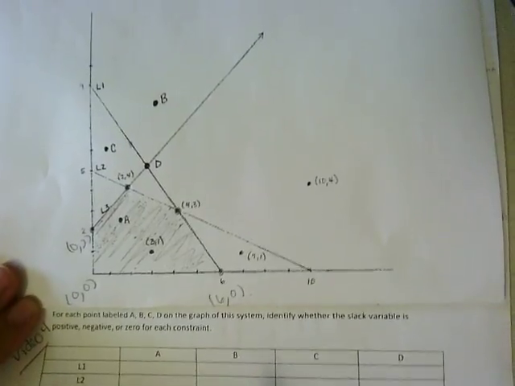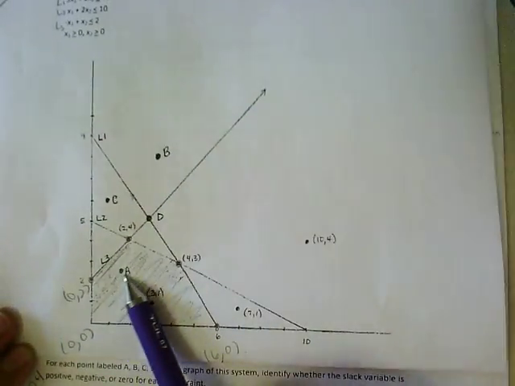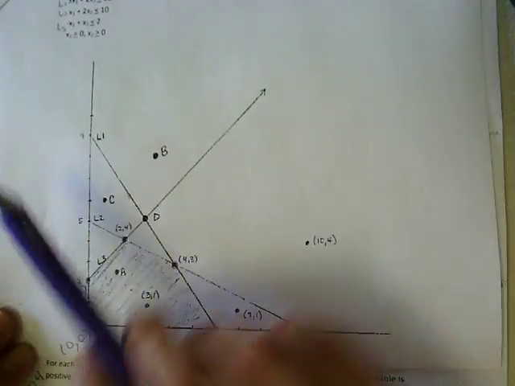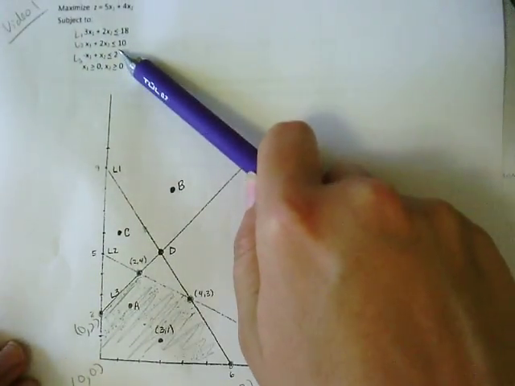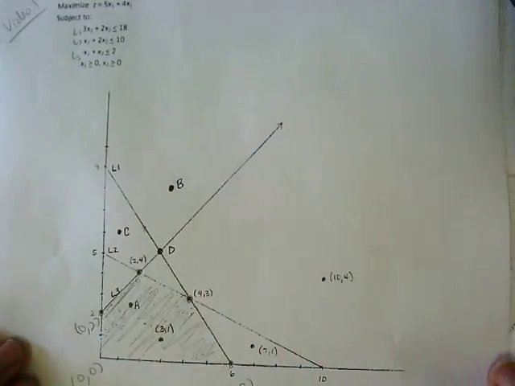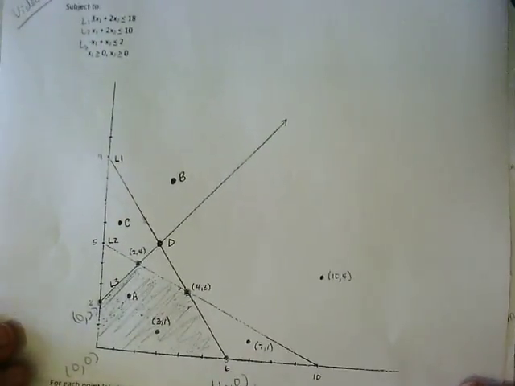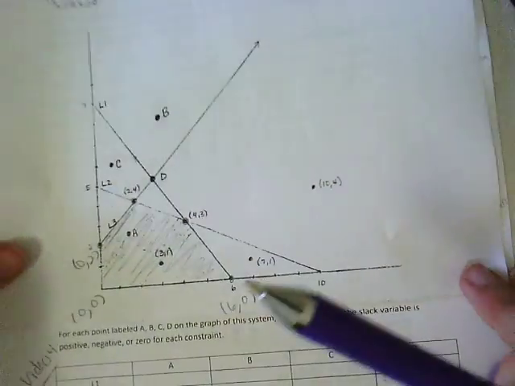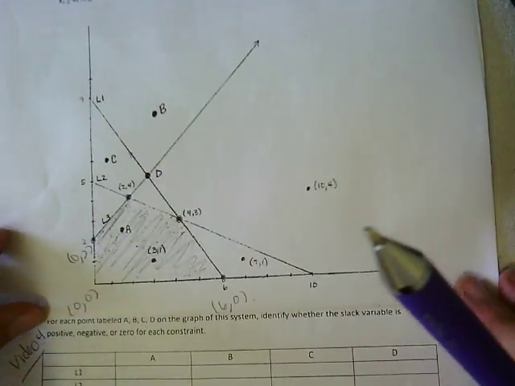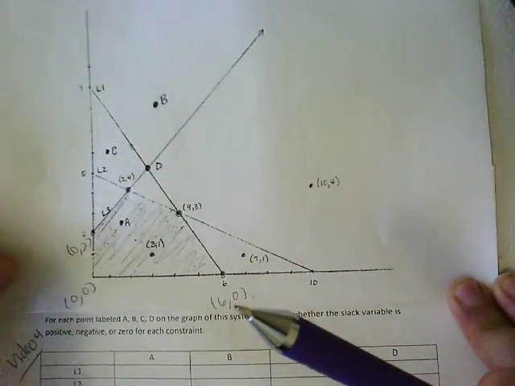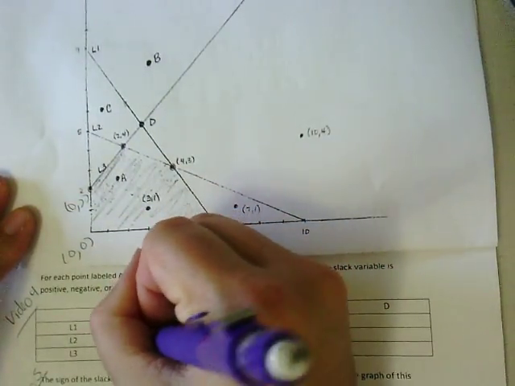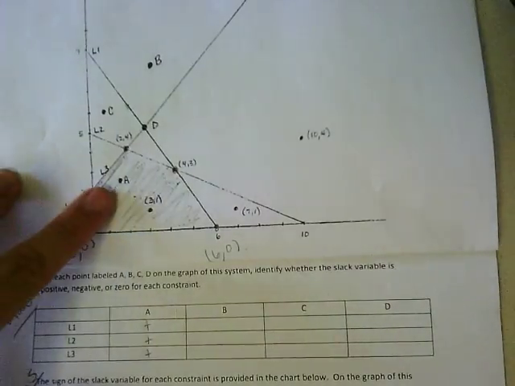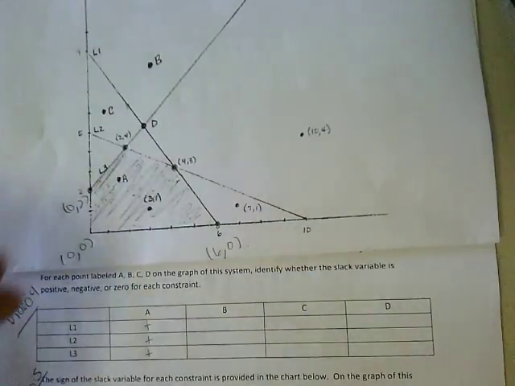So what I mean by that is that for A here, all of these points were supposed to be beneath the lines, because this says less than or equal to, less than or equal to, less than or equal to, even when we get it into slope-intercept form. Now, point A is actually below all three of those lines. That means it is positive for all three. It is, in fact, below line 1, line 2, and line 3.